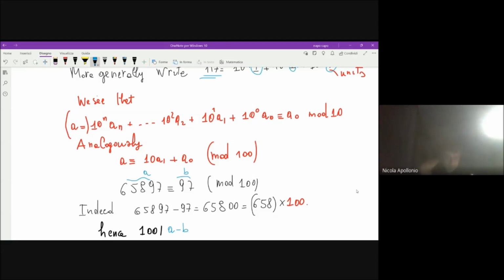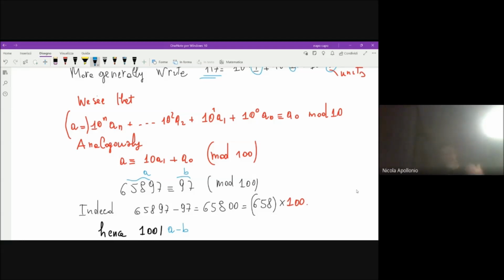You must experience this by trying to convince yourself that this is true. It is also true that modulo 100, every number is congruent to the number formed by its two last digits, in this order, the digit of units and the digit of tens.